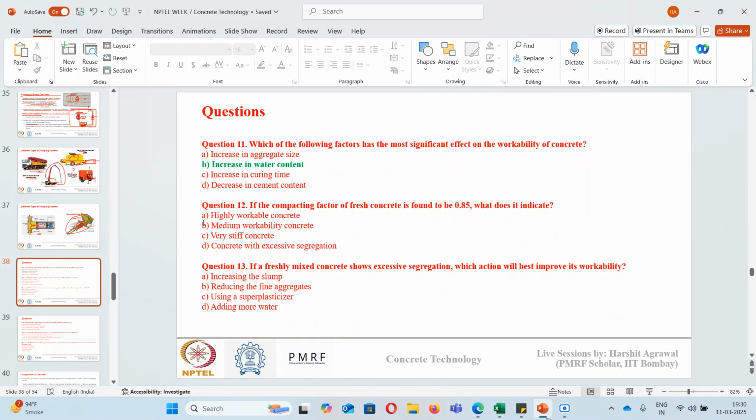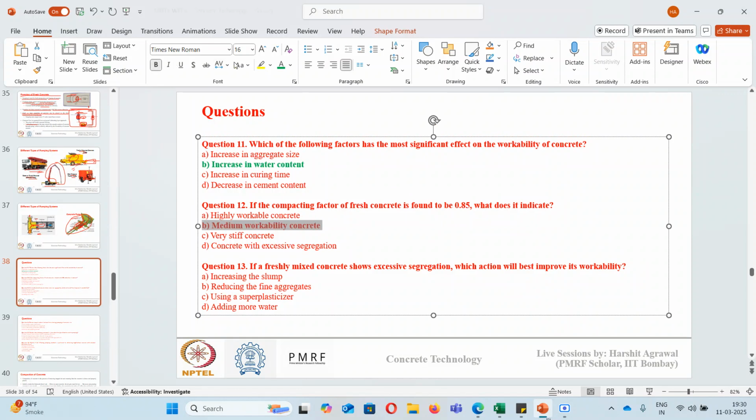For 12 the correct answer is B. Generally a compacting factor of 0.85 to 0.92 indicates a medium workability concrete and it is suitable for reinforced concrete construction.